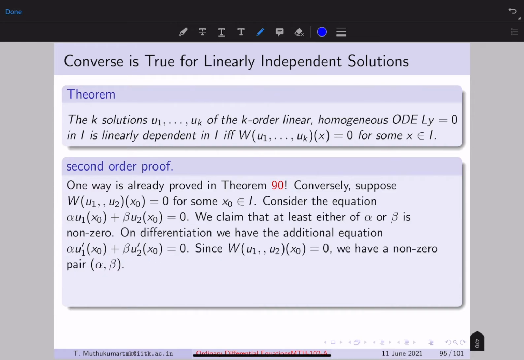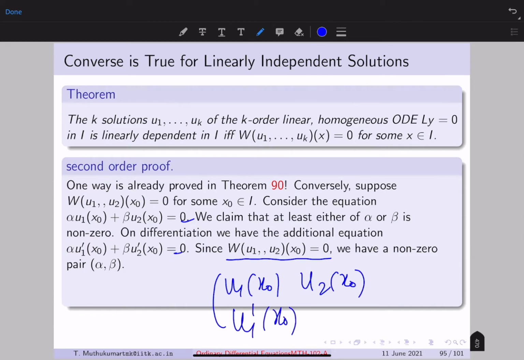Now when you write down the matrix, since the Wronskian is 0, we have a non-zero pair alpha, beta, because from these two equations what we have is the matrix with entries u1 of x naught, u2 of x naught, u1 prime of x naught, u2 prime of x naught, acting on alpha beta, equal to 0, 0.